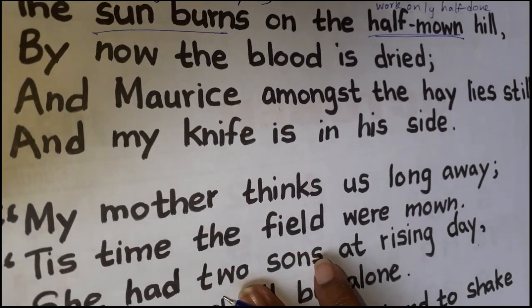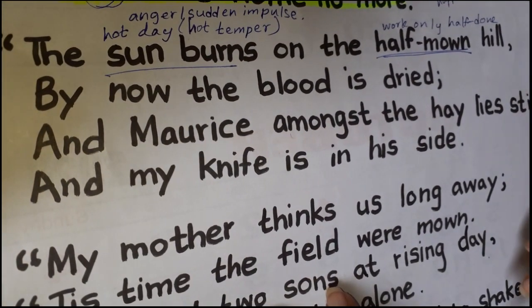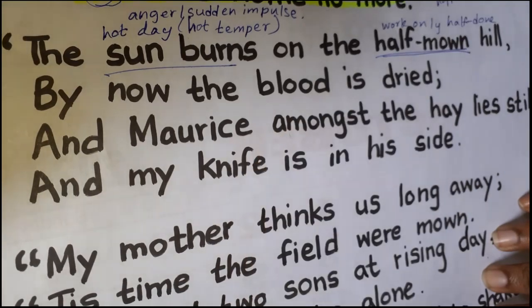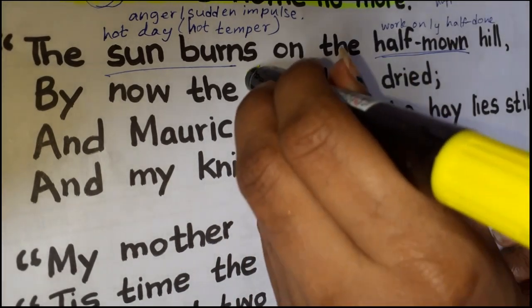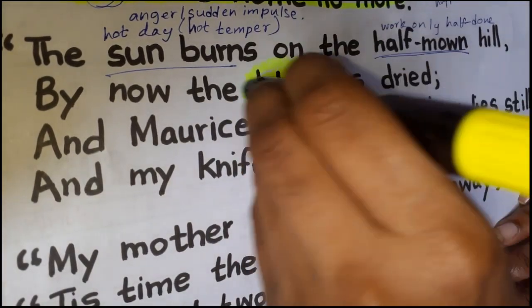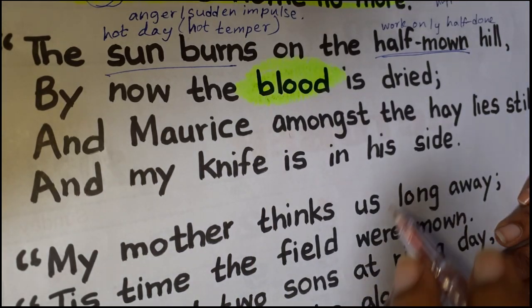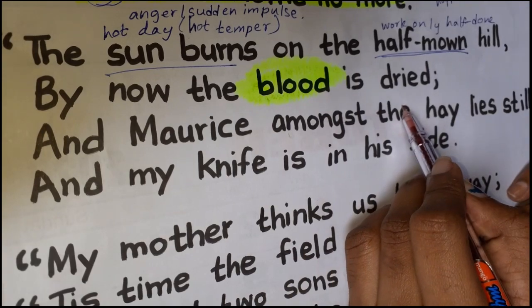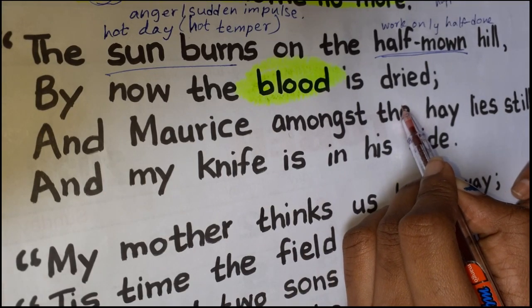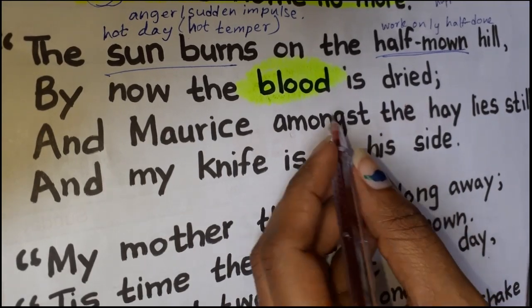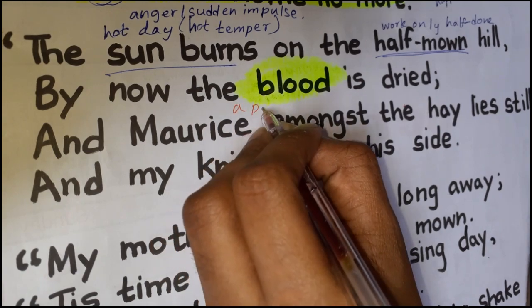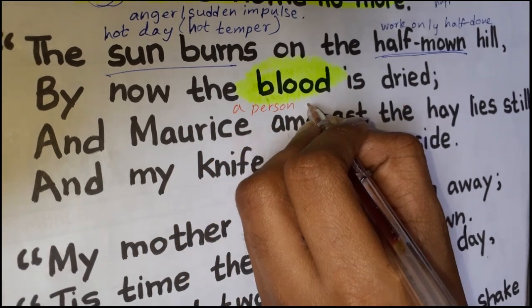Then it shows by now the blood is dried. So we get to know about blood here. Blood suggests something serious, and the dried blood suggests that a person has died.